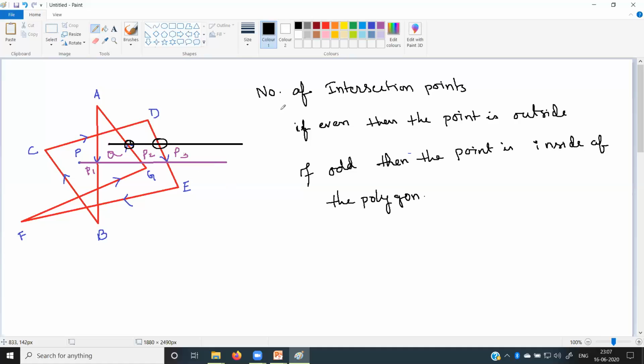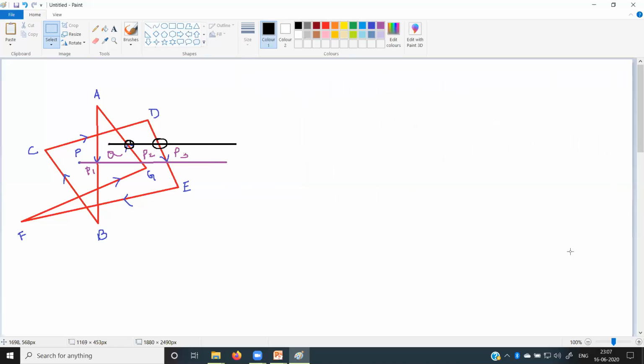Now the next algorithm which we will discuss is called the non-zero winding number algorithm.